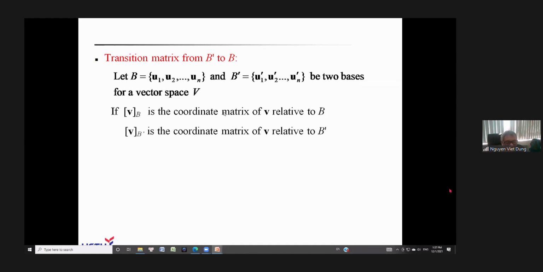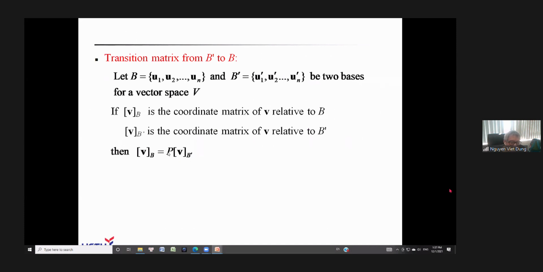So here B is here, B prime here is B prime. Then, if we denote it like that, we will get the following relation between VB and VB prime. VB will be P multiplied by VB prime.